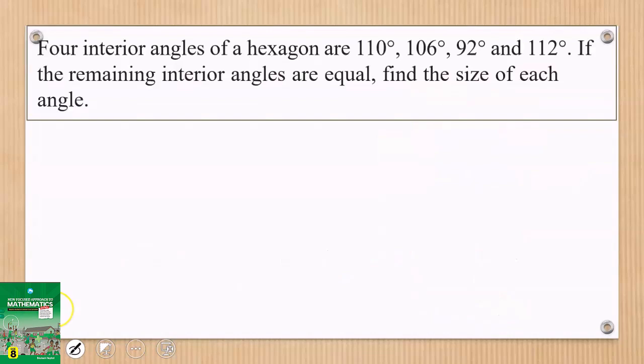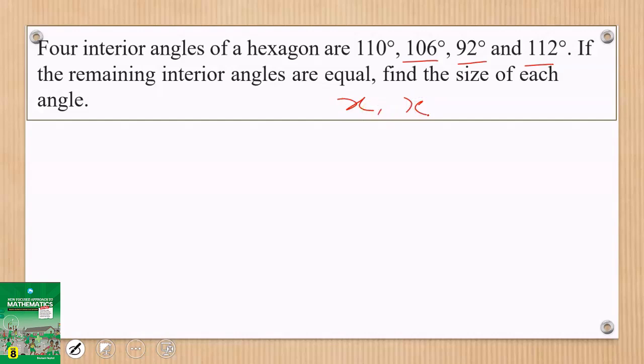Right. Now our next question says 4 interior angles of a hexagon are 110, 106, 92, and 112. If the remaining 2 are equal, find the size of each of the 2 remaining angles. Right. So let us assume that the 2 remaining angles will be x and x, because if they are equal, I can put the same variable to represent both of them.